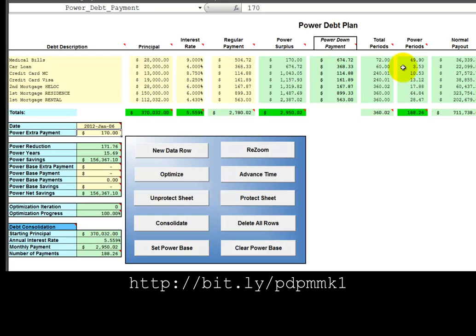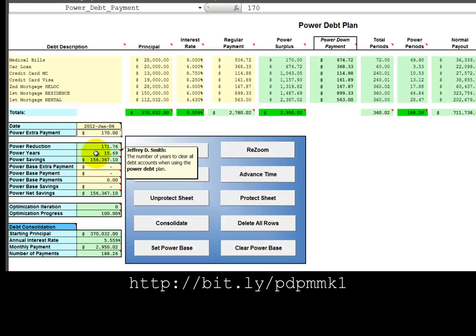And then once that's paid off, the credit card, MasterCard, 10.5 payments remaining, and then after that's paid off, the Visa will have 13 payments remaining, and then when that's paid off, the HELOC will have almost 18 payments remaining, and when that's paid off, your residence will have about 65 payments remaining, and then the rental property will have about 28.5 payments remaining.